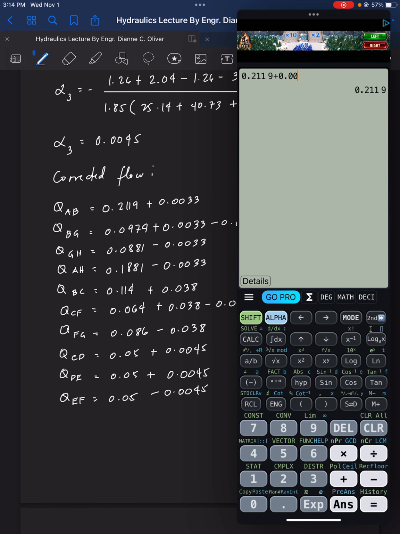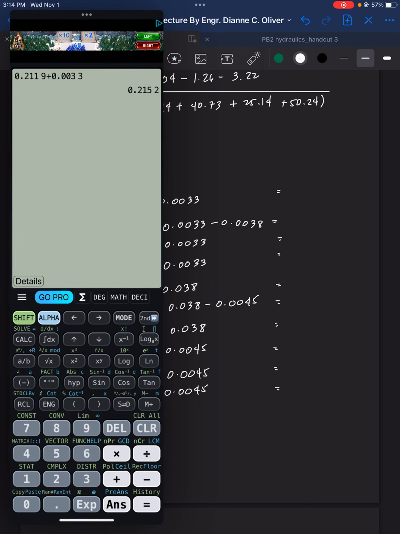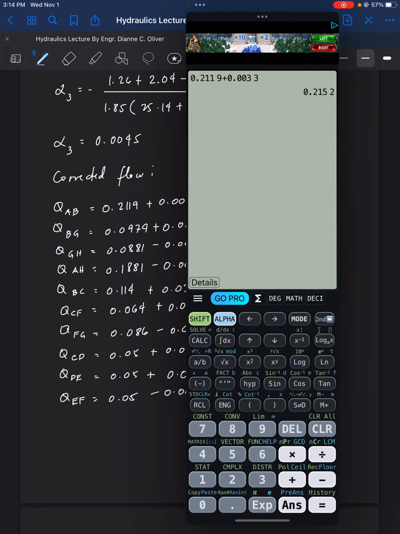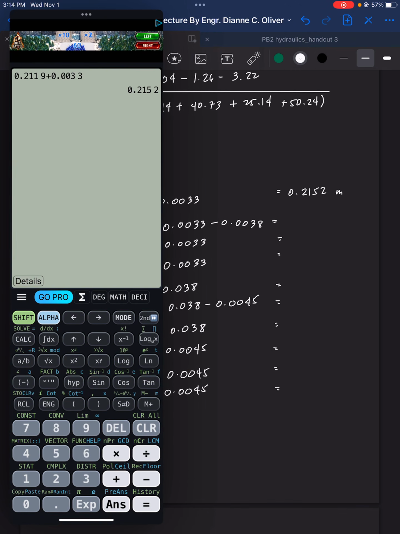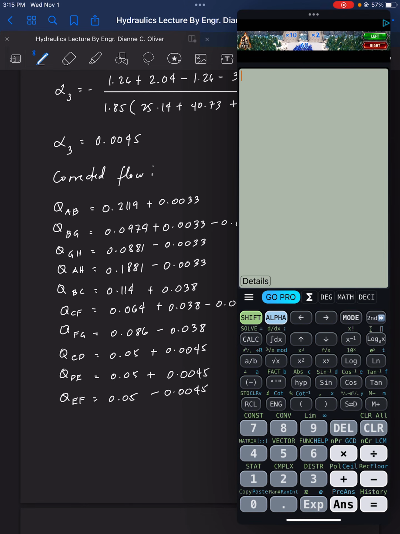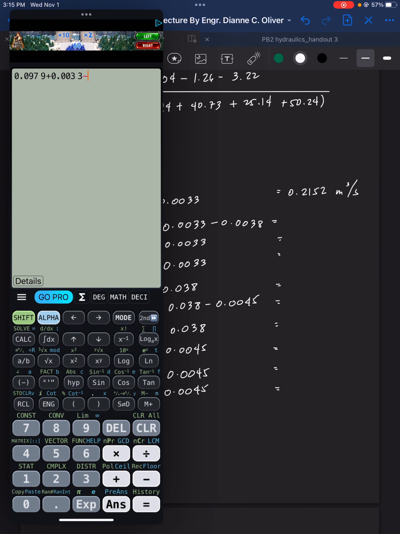This 0.0033, 0.2152, that is in cubic meter per second. Next, 0.0979 minus 0.0033 minus 0.0038, so 0.0974.